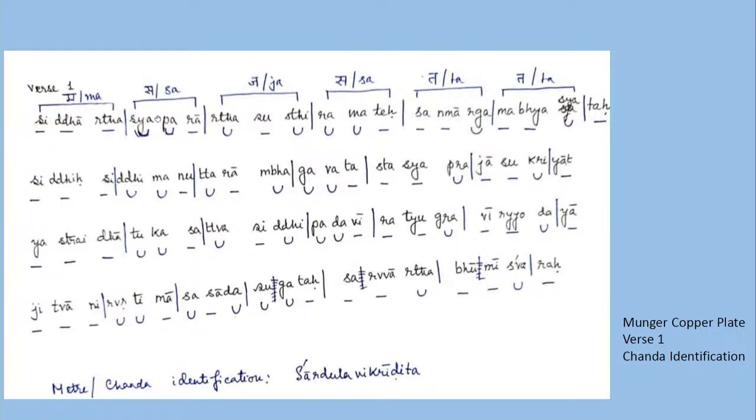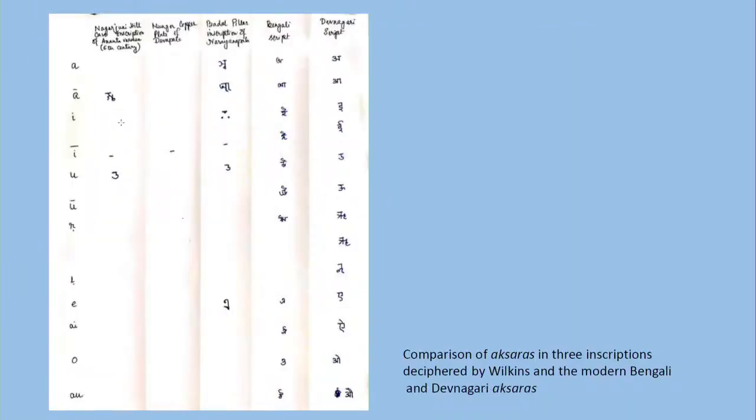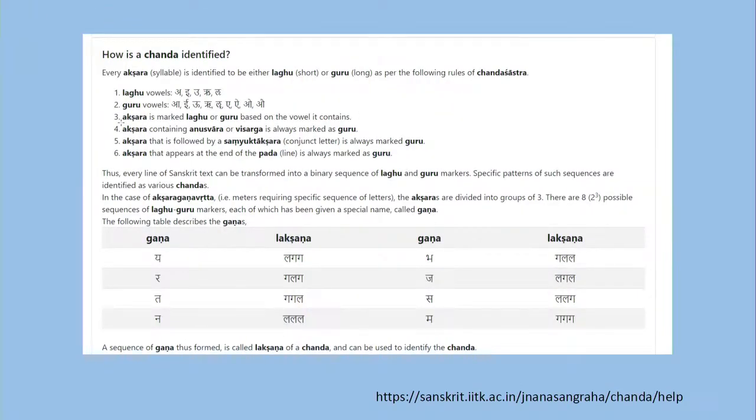Because it is followed again by a conjunct, Sya. So, if one akshara is followed by a conjunct, it becomes Guru. So, the first sequence is Guru, Guru, Guru. So, we would again go to the table of Lakshana. Ga, ga, ga is the Lakshana of Ma gana. Okay.